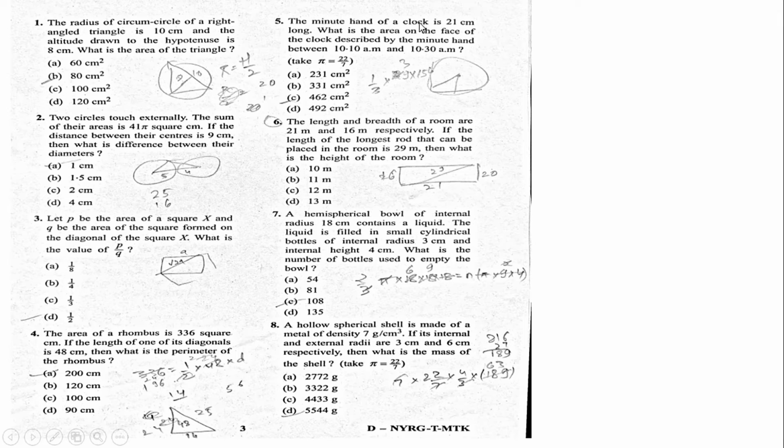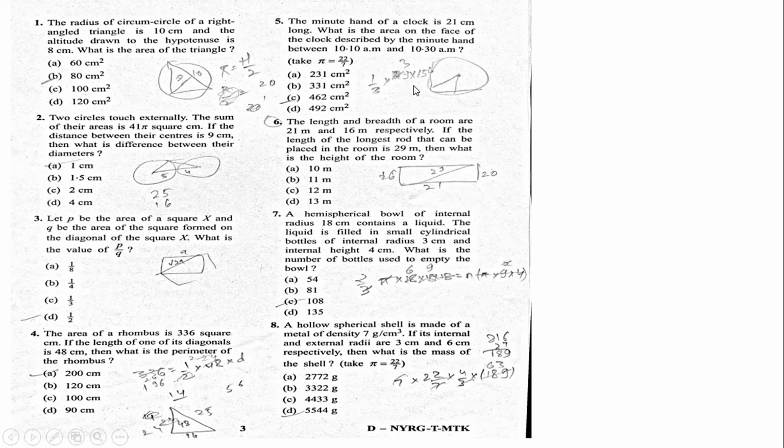Fifthly, this will be the diagram, the minute hand of a clock is 21 centimeter. So the area swept by it in 20 minutes will be around 462 centimeter square. It will be covering one third of the area covered by it in the whole hour.